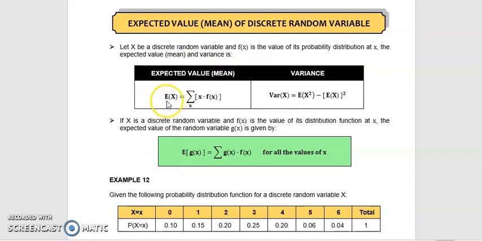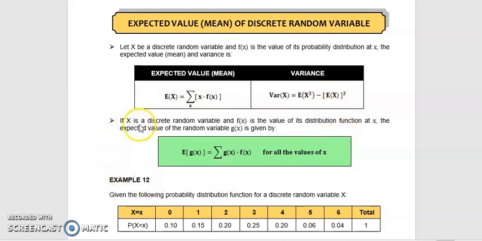E represents expected. The expected value of x is given by the summation of x multiplied by fx, so x multiplied by its probability. The variance of x is given by the expected value of x squared minus the square of the expected value of x.